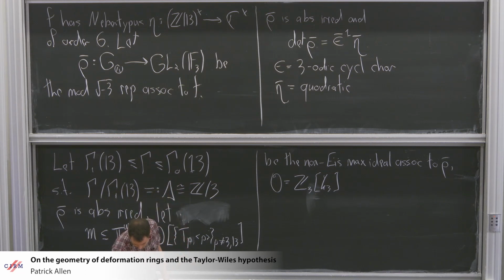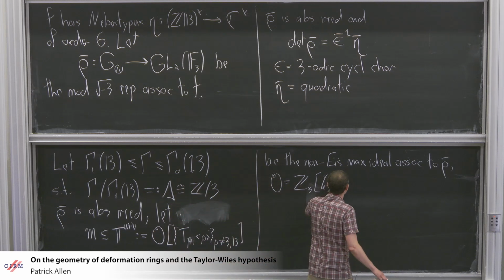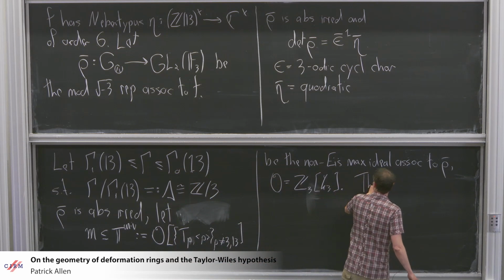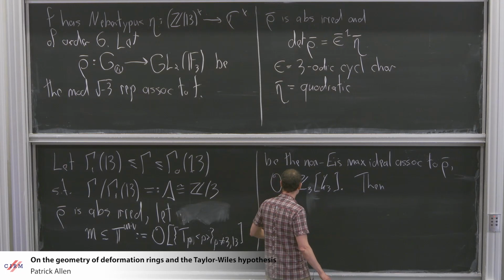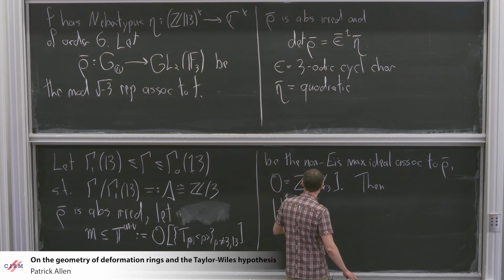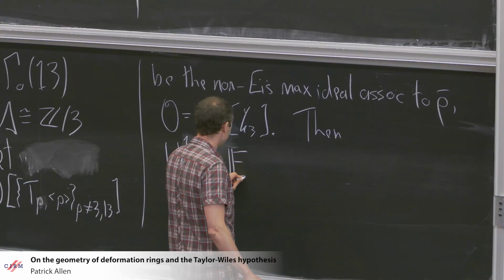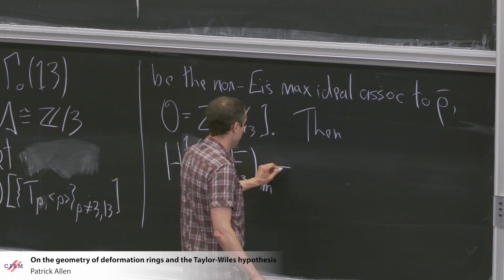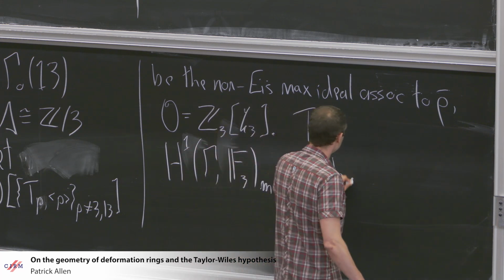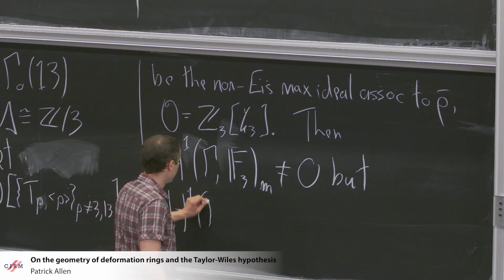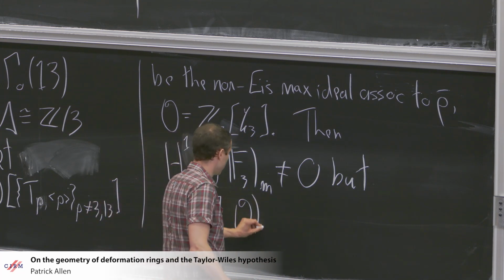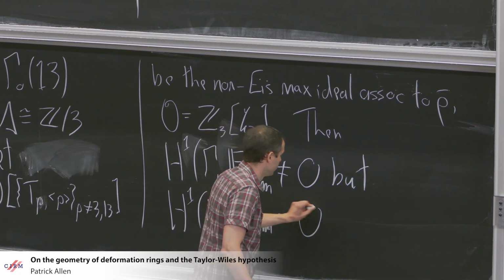Okay. Then, what I want to say is that the first degree cohomology for gamma with coefficients in F3 localized at M is non-zero, but the cohomology for gamma with coefficients in O localized at M is 0.